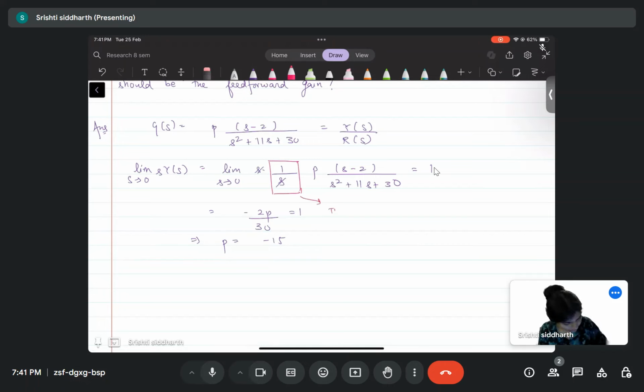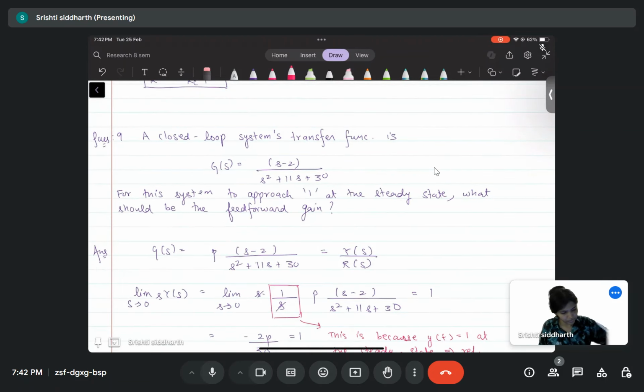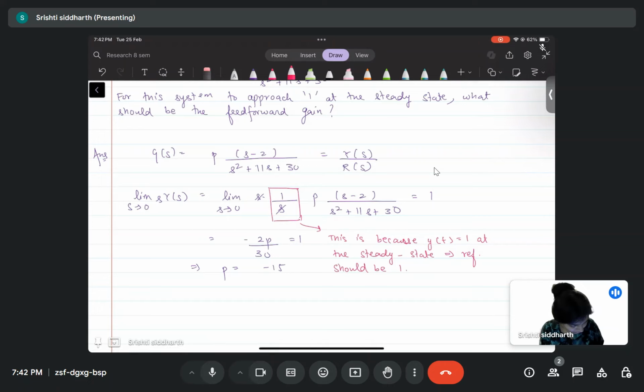This y of t should be 1 at the steady state, which implies that the reference should be 1. Tracking problem discussed in the lecture videos.